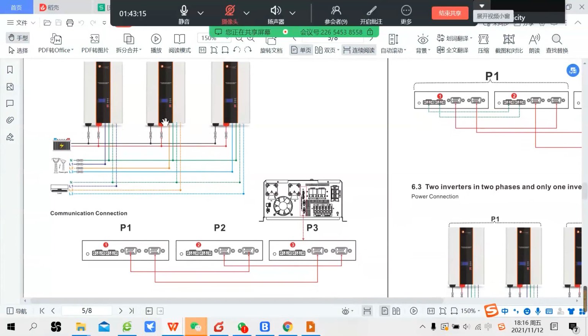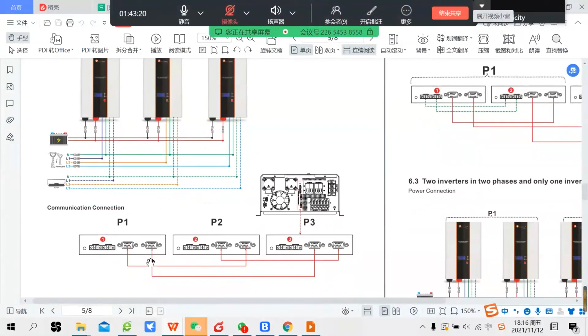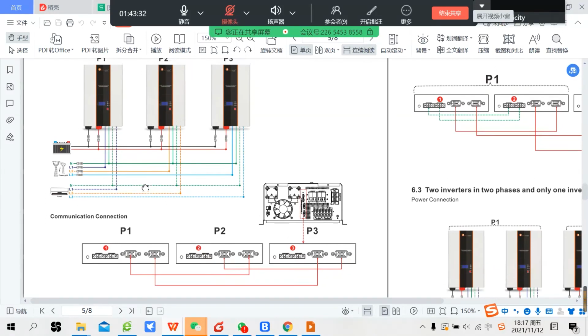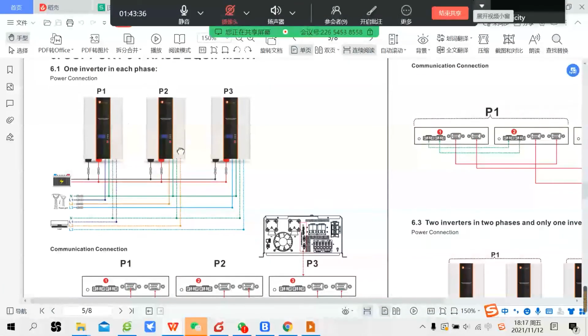You can see P1, P2, P3, and here the communication cable connection. This one only connected the communication cable, but the current sharing part, this part, didn't connect. So the communication must be connected, but the current sharing is not needed for the three phase, and each phase only has one piece.